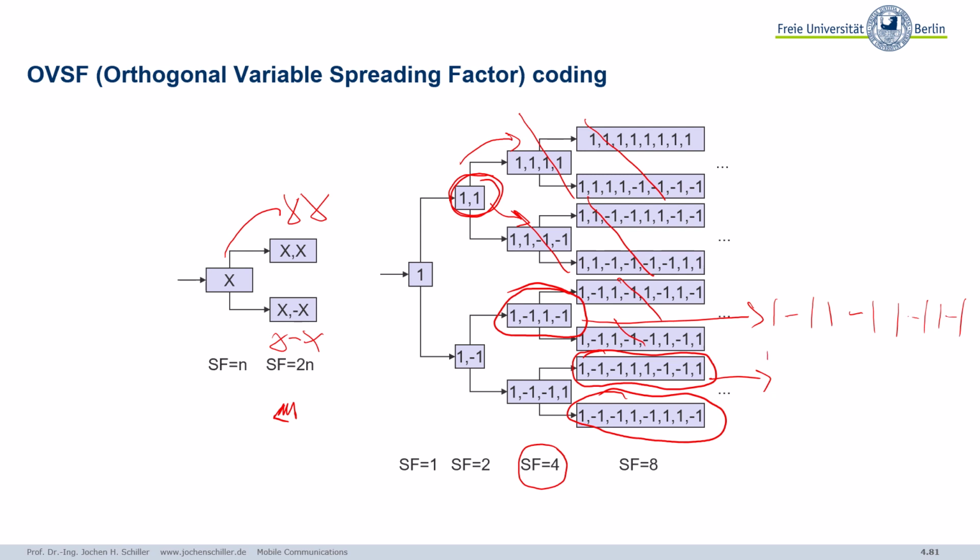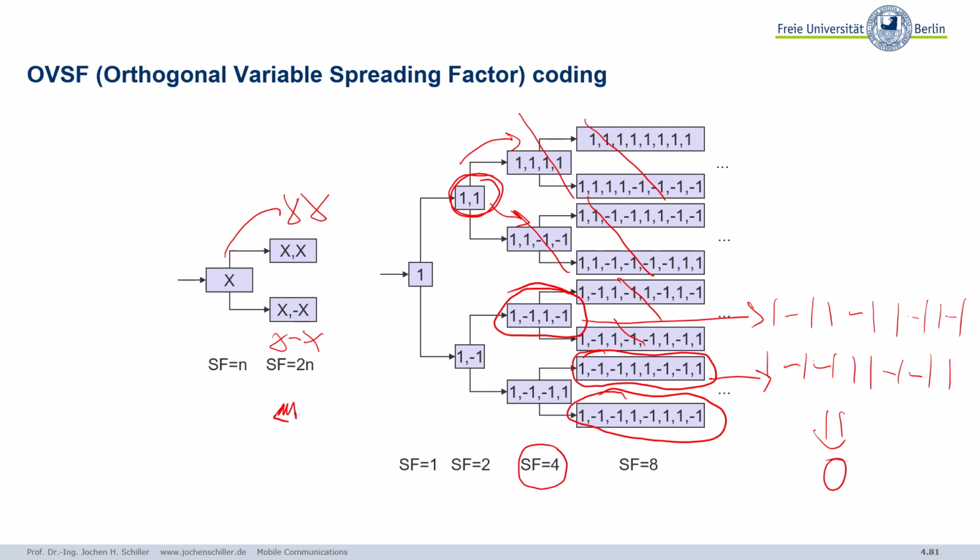And then again, this pattern, -1, -1, 1, 1, -1, -1, 1. And then you can calculate the inner product. If you do this, you will see the result is always 0. So they are orthogonal, a perfect way. That's how you separate data streams internally.